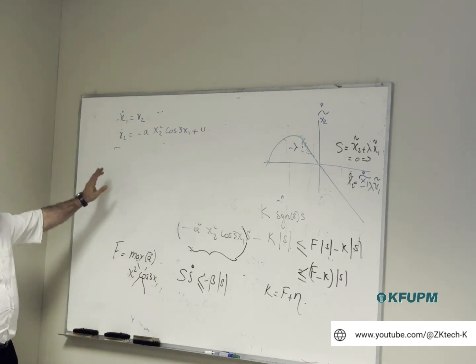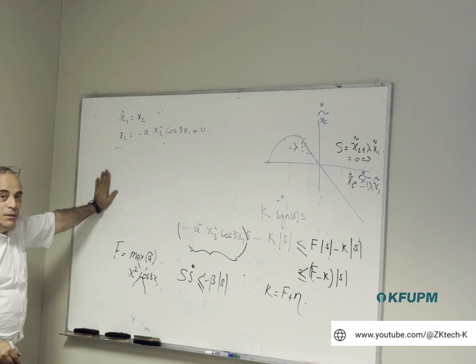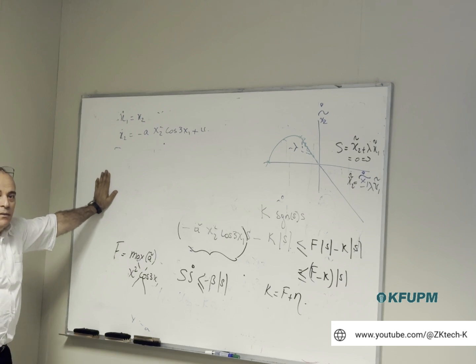So what I know is that A will be bounded, because if A is not bounded and changing, I just use the adapter that we did before.